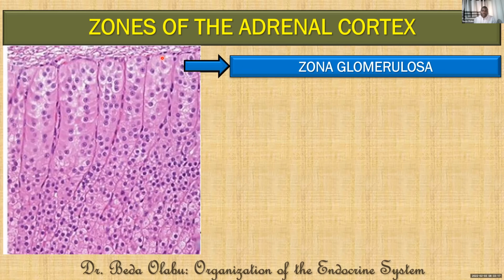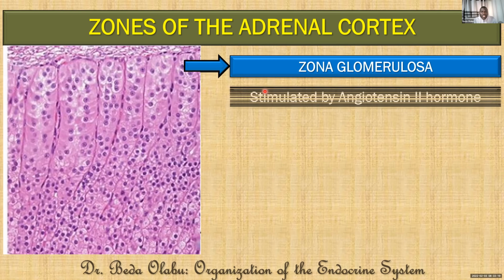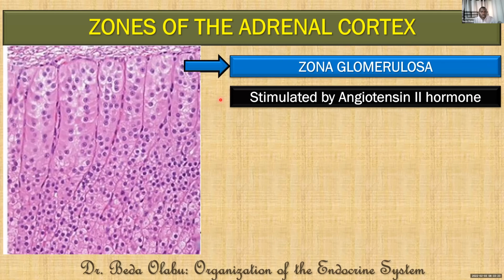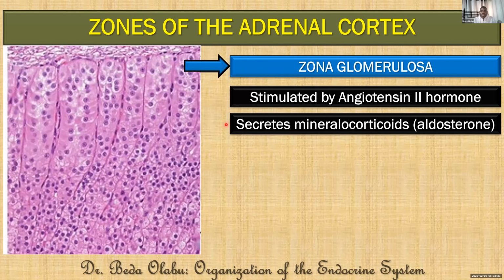This zone is stimulated by Angiotensin II hormone. So the cells of this zone are stimulated by Angiotensin II hormone. In response, the cells of this zone produce hormones which affect mineral levels, so we call them mineralocorticoids.